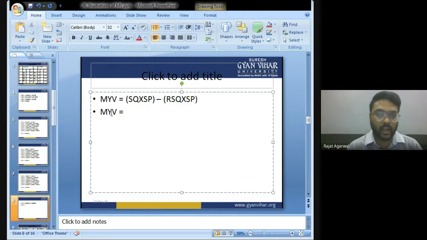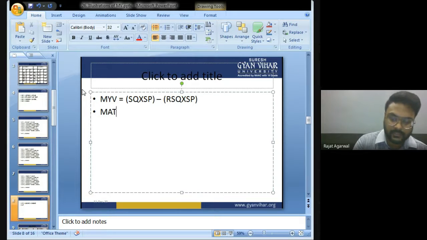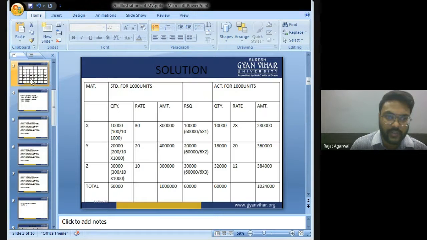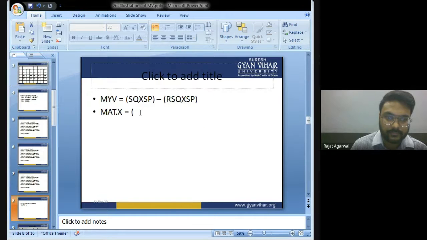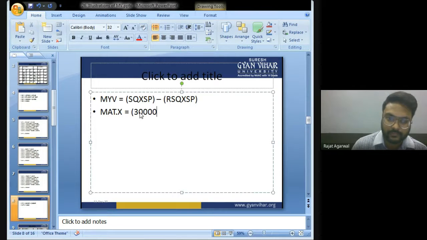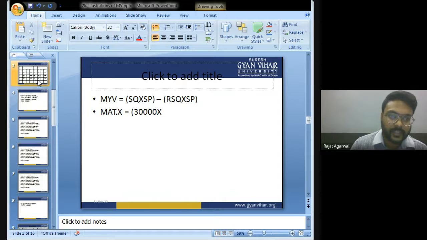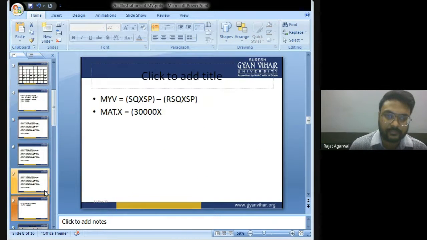Standard quantity of material X is 30,000... sorry, 10,000. Standard price of X is 10.